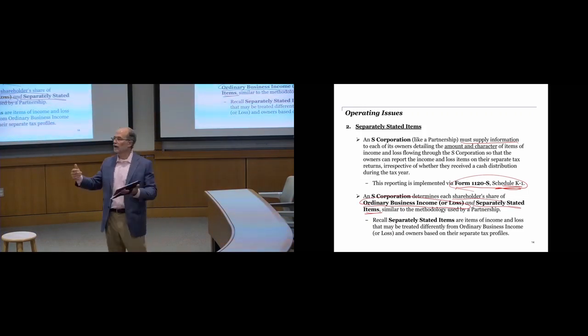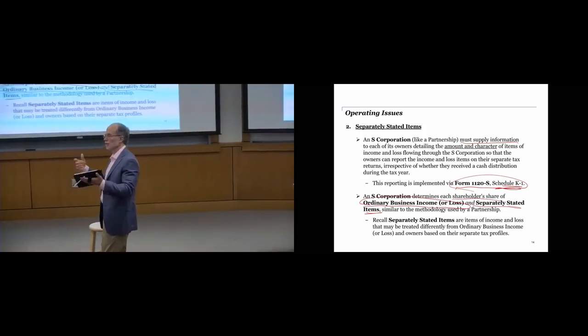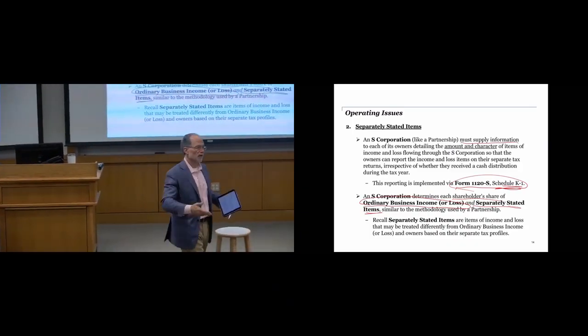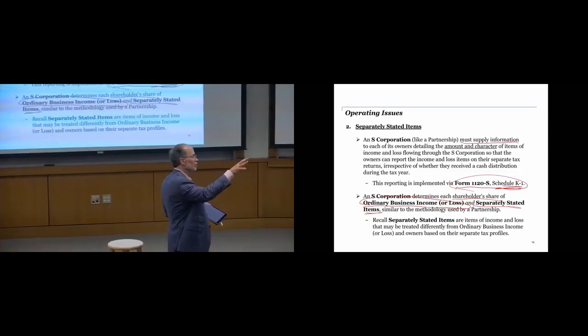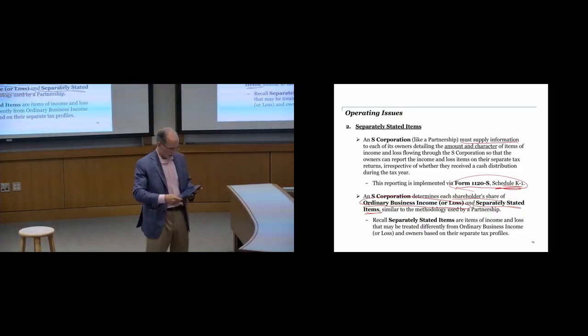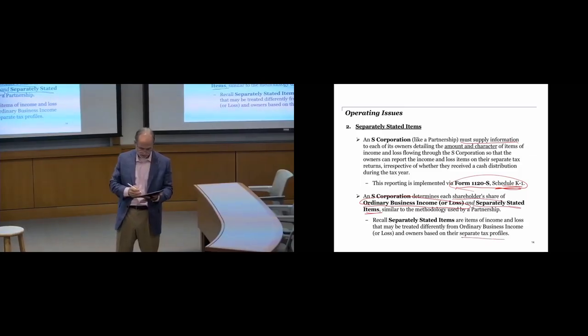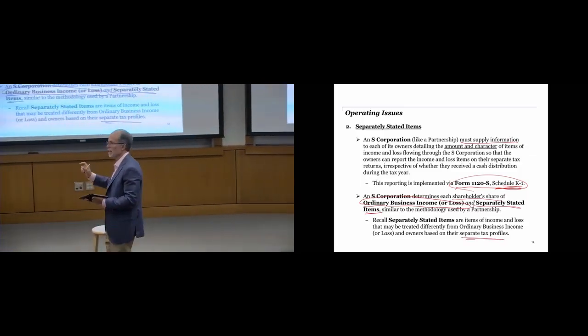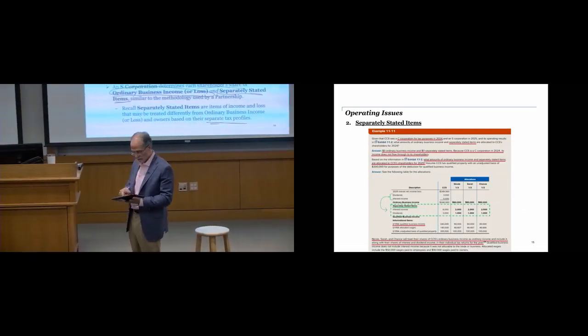I don't know if you're entitled to preferential treatment on ordinary dividends or not. So that has to be separately stated so that you can make that assessment at the individual owner level as to what those results are. So it's the separate tax profiles that cause the spiking out of the separately stated items.